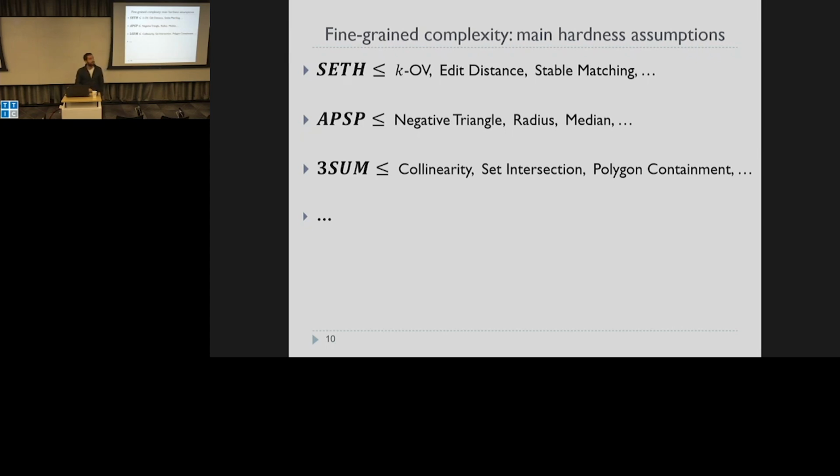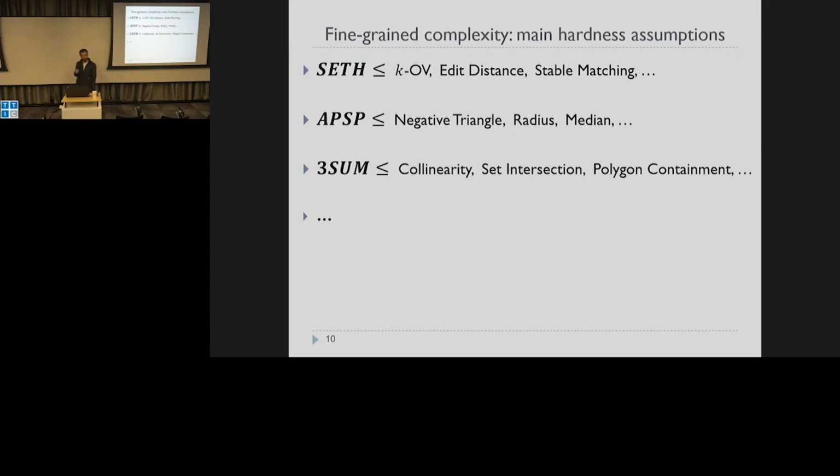Are there fine-grained complexity problems where, if we get a better algorithm for all-pairs shortest path, that would imply something about P versus NP? Is there something that goes in the other direction? No. It's an interesting question because the running time is n cubed.